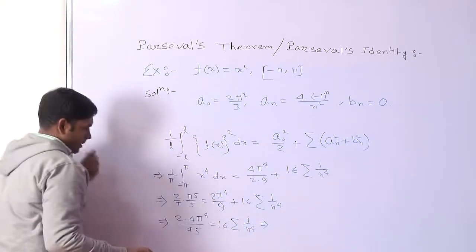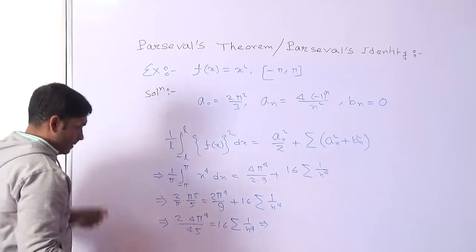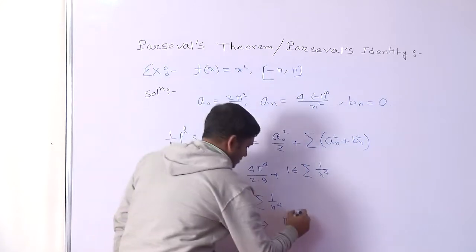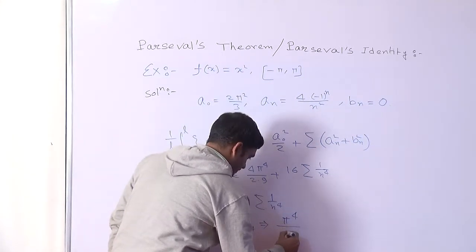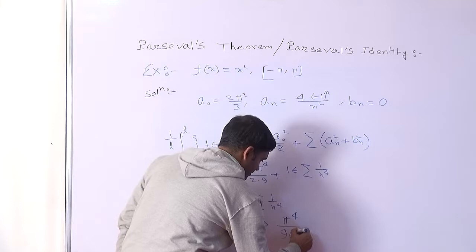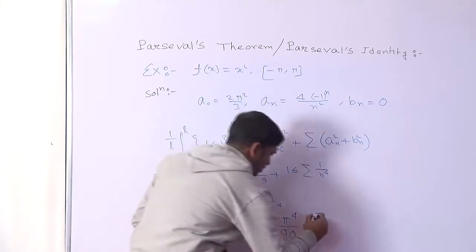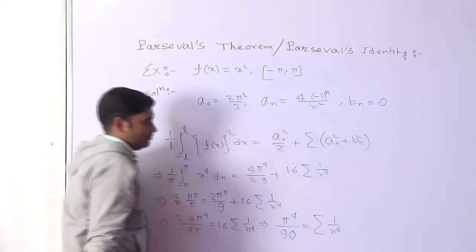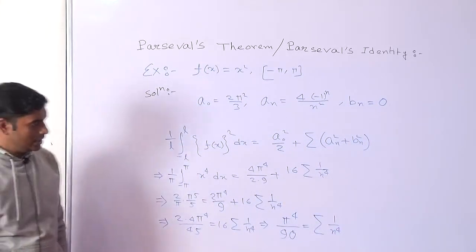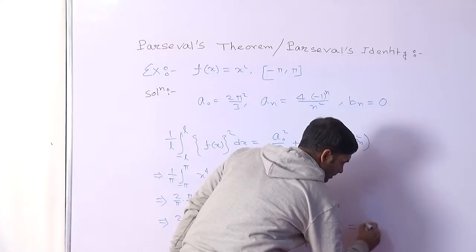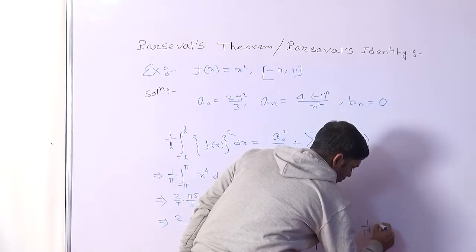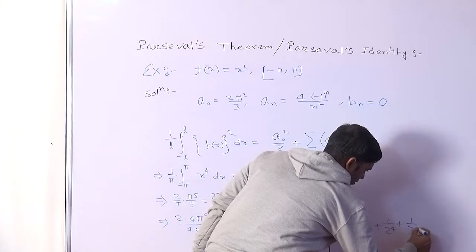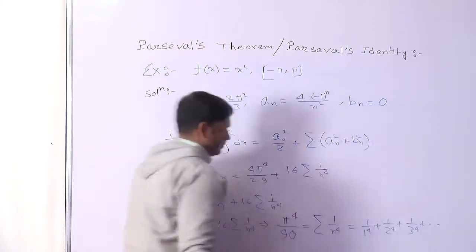So this implies π⁴/90 = Σ 1/n⁴, and this is nothing but 1/1⁴ + 1/2⁴ + 1/3⁴ and so on.